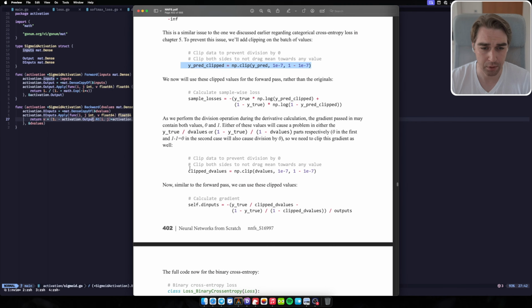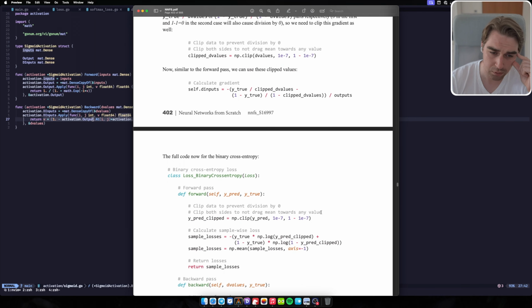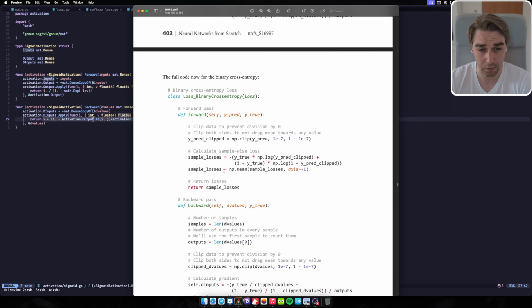Now, similar to the forward pass, we can use the clipped values. Okay, the full code now for the binary cross entropy.